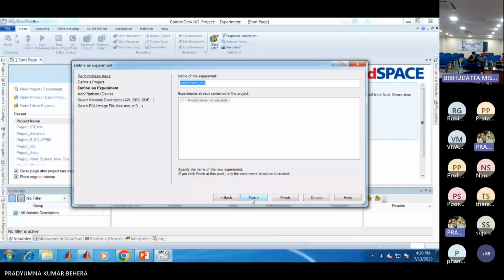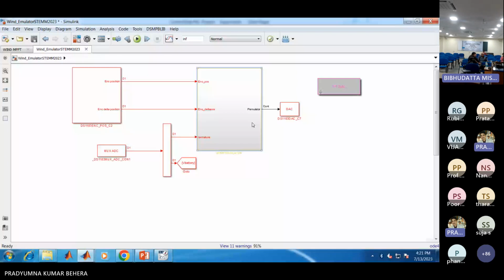Suppose let us give the experiment name. We can see the model is already built.